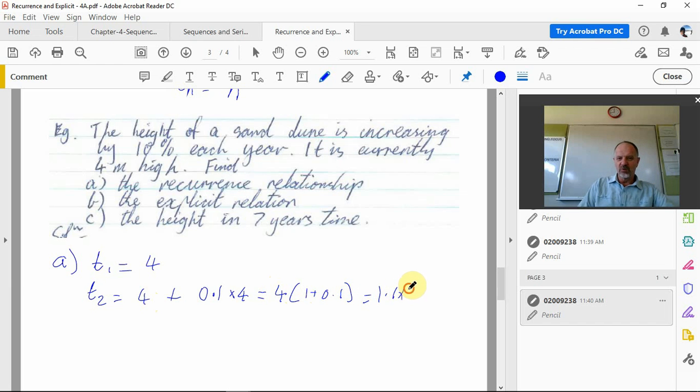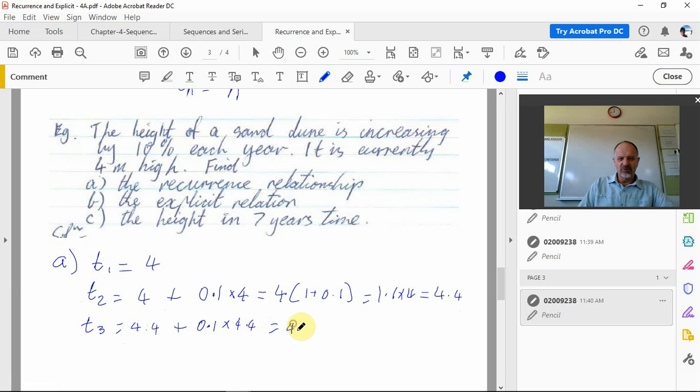(1.1) times 4, which is 4.4. Now, I'll get to the reason why I'm expanding that out like that in a minute. Term 3. Well, term 3 is now the 4.4 plus 10% of the 4.4.